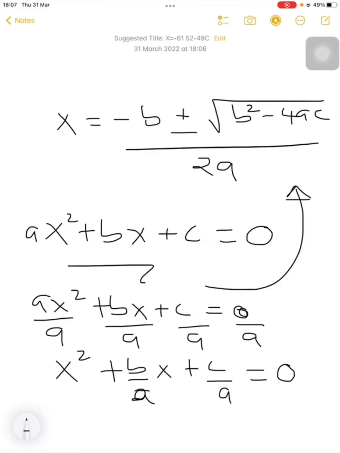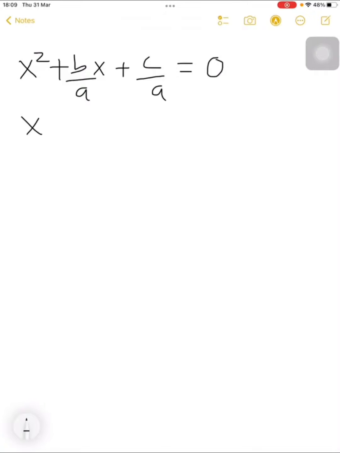Then the rest can go to the other side. x squared plus b over a x plus c over a is equal to 0. We have to be left with only the terms which have x's on our left hand side. The rest goes to the other side. So for you to do that, you have to take this term to this side.